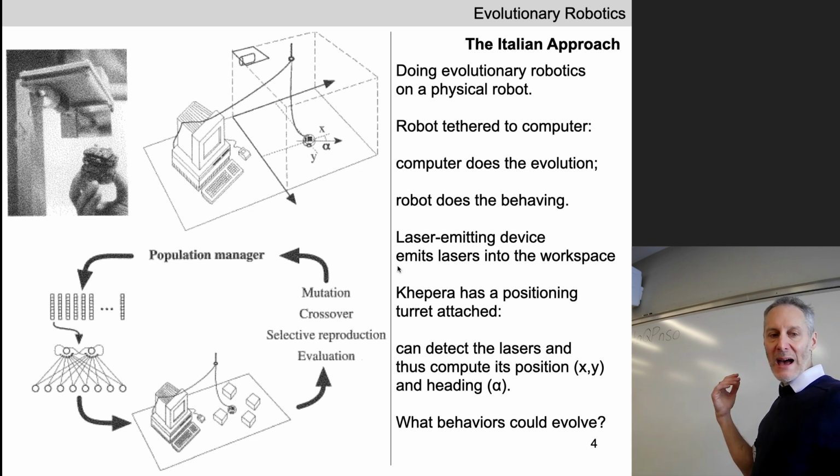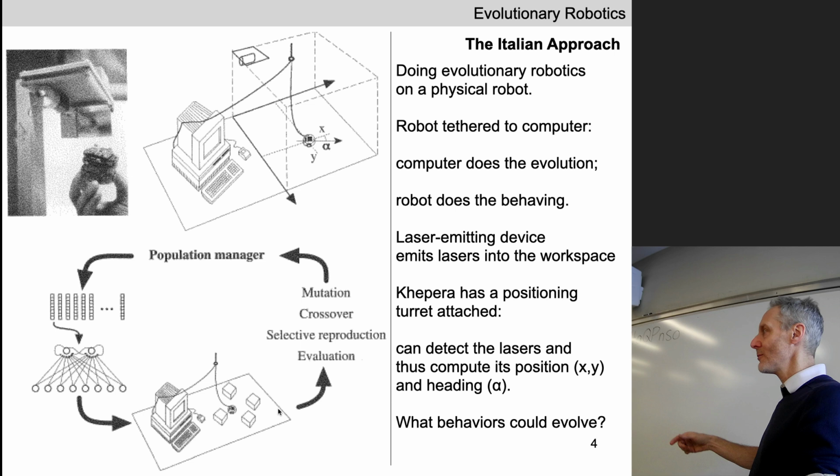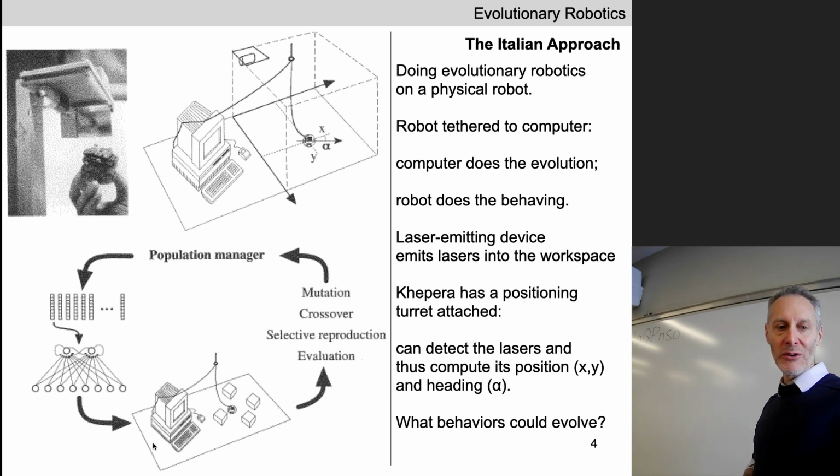We can feed that back into the evolutionary algorithm and evolve a little neural network for our robot, so that it takes as input information about its current state, and outputs commands to the motors to turn the motors forward and back. And we've got a little robot that can do that on a table.